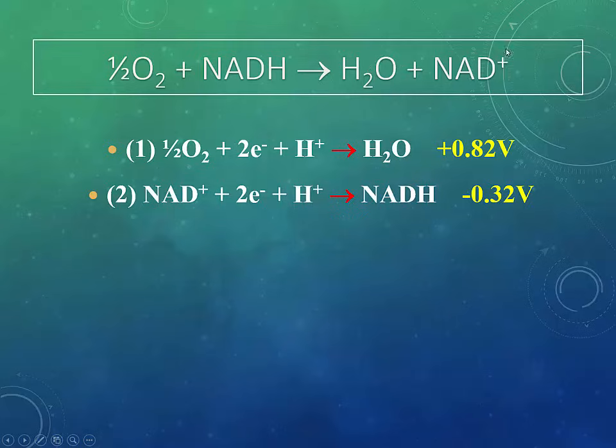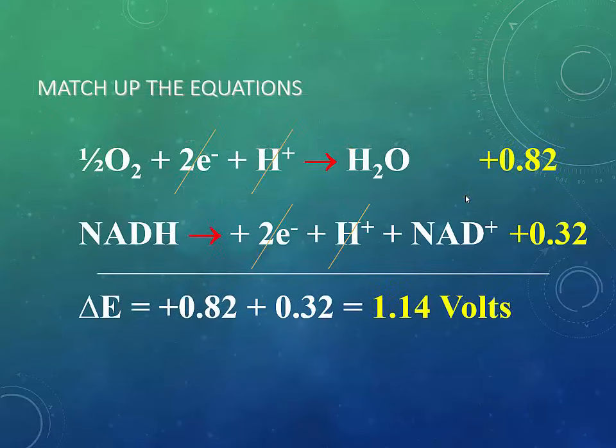This is the same reactions just taken from our table. Again, I would not ask you to memorize those reactions or values. That would be silly. But you can see our oxygen gaining electrons at positive 0.82 volts, and our NAD gaining electrons to NADH is negative 0.32 volts. However, what we really need is the electron flow. So what I've done in this slide is I reversed the NADH equation.